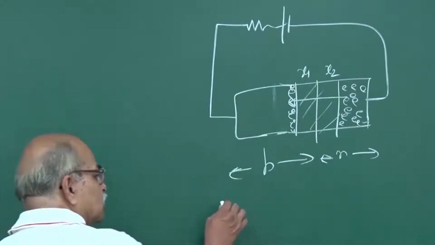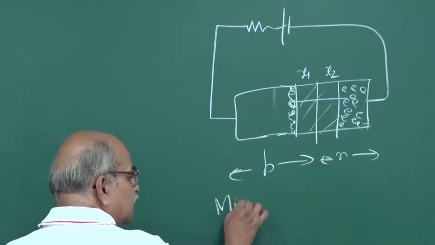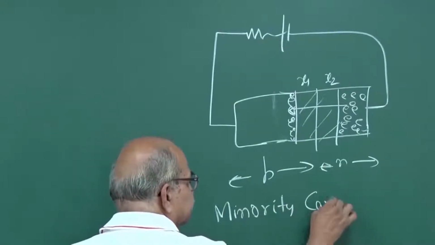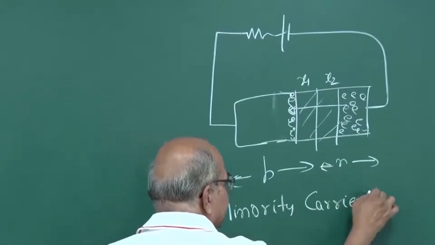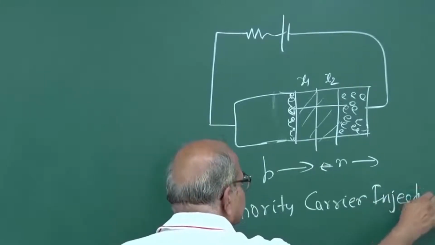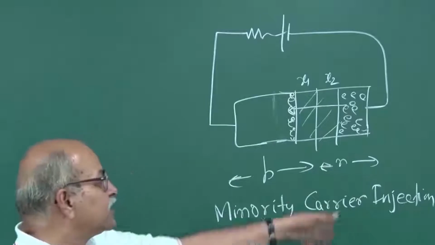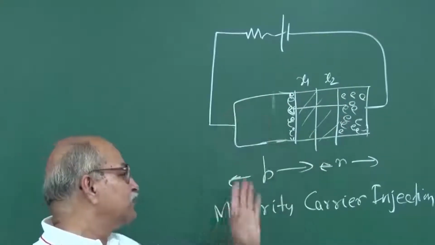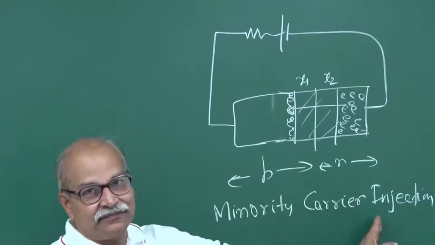Now this is also known as minority carrier injection. Why minority carrier? These are the majority carriers which are diffusing, and we call this phenomenon minority carrier injection.